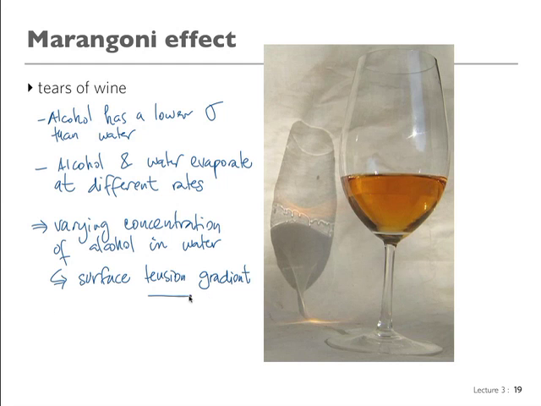The surface tension gradient produces a flow, and that flow is from low to high surface tension. So lower concentrations of alcohol are going to have greater surface tension, and so it'll go from high concentrations of alcohol towards low, because that's low to high surface tension, right?